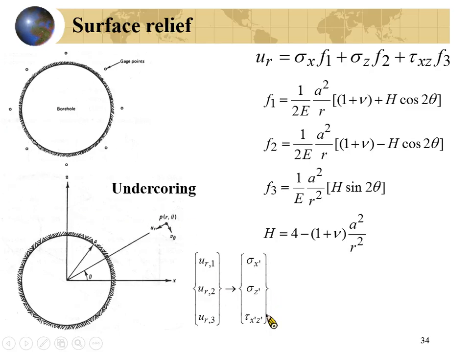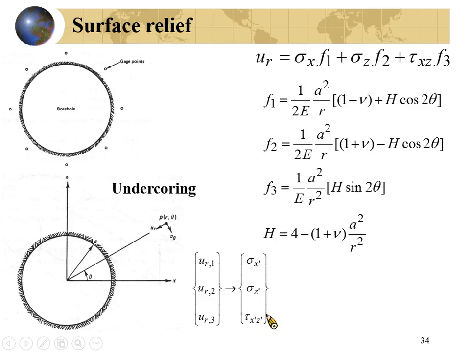You can denote all of the stress here by adding a prime. So all of the x prime, z prime will depend on the location of the tunnel wall. If you have a tunnel wall like this, the x prime, z prime is different from the coordinate system in here. The x prime, z prime will be different for this direction and for this direction.